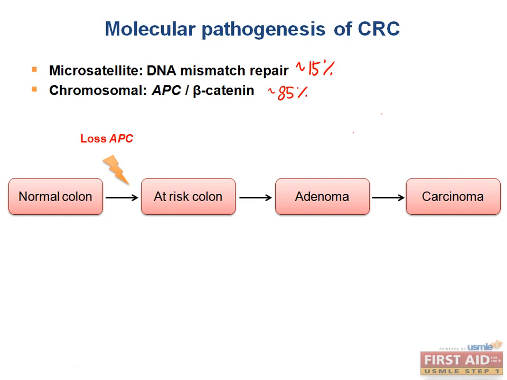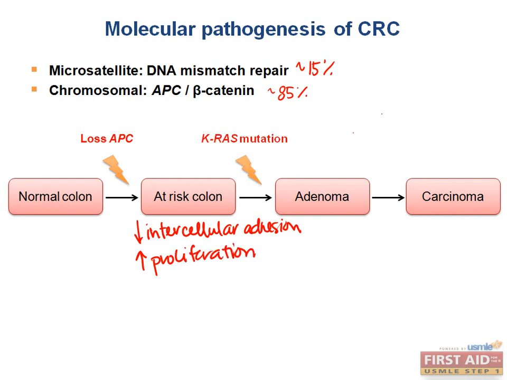Here we have the standard molecular progression. We start with a normal colon, and when the APC gene is mutated, the colon is now at risk. Loss of APC leads to decreased intercellular adhesion and increased proliferation.